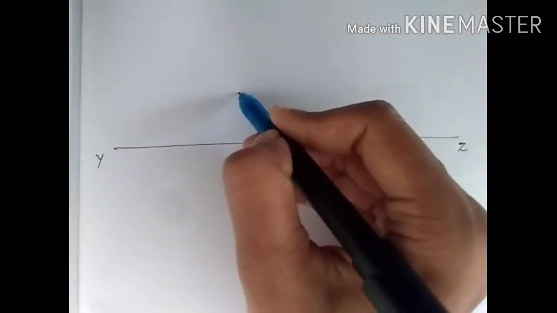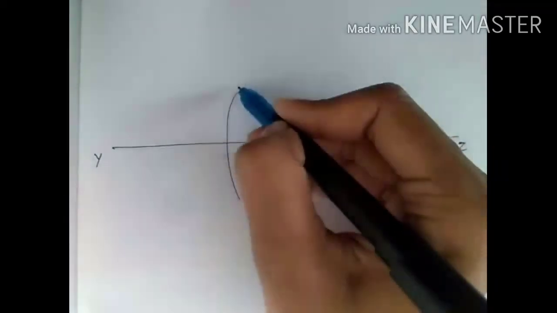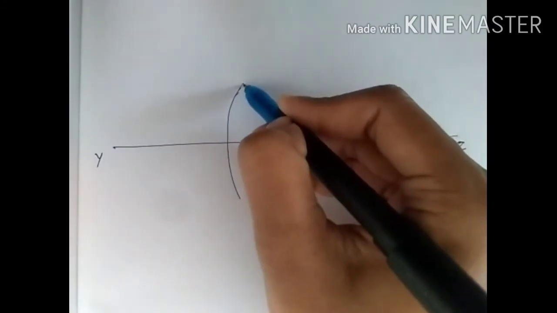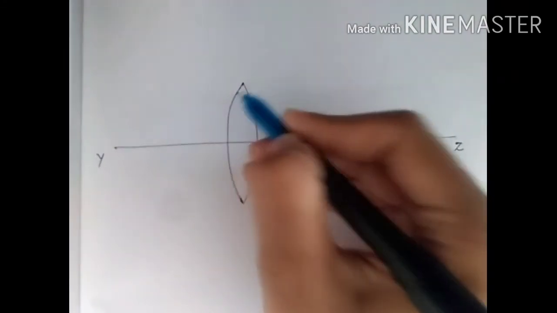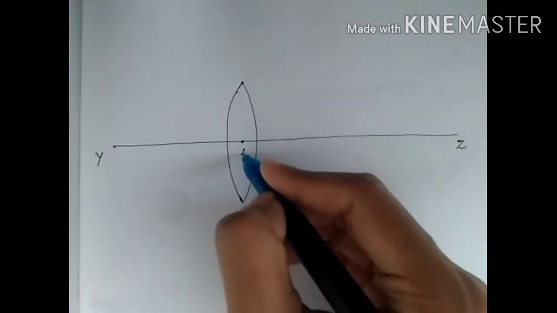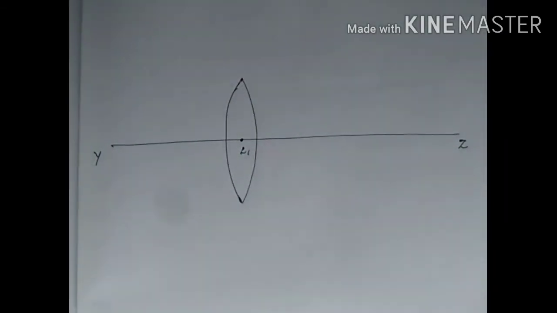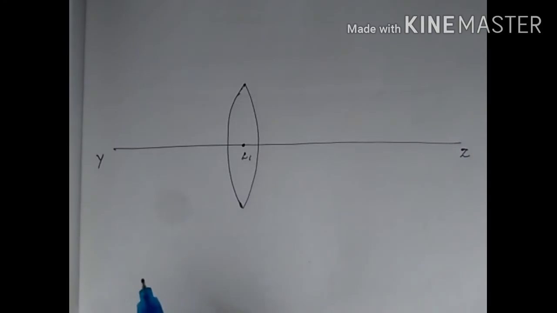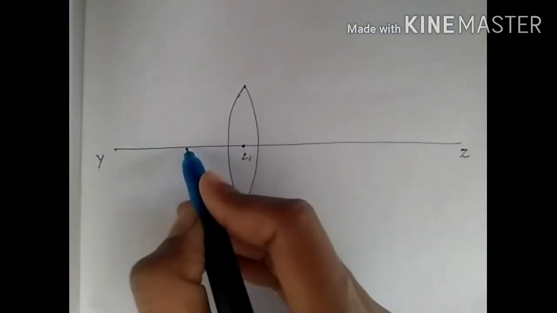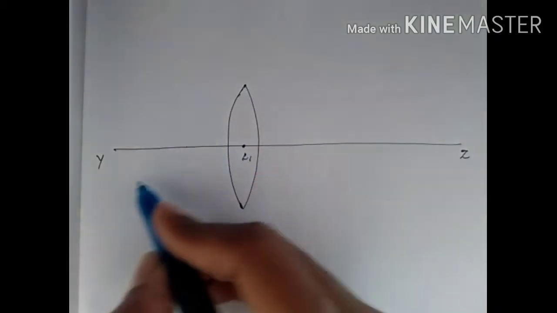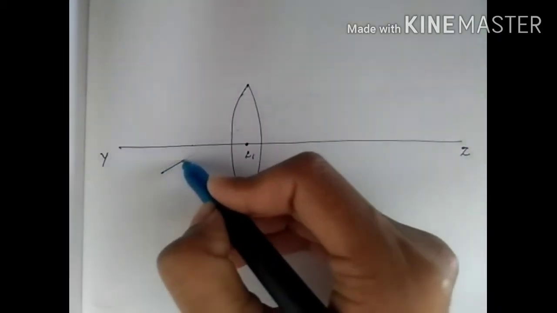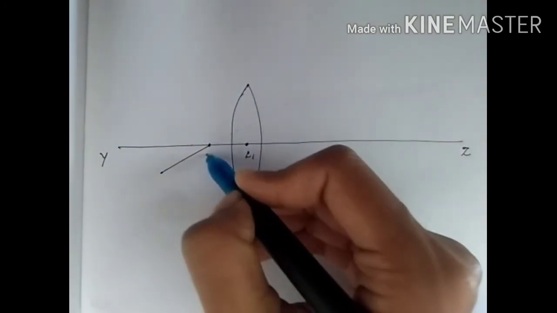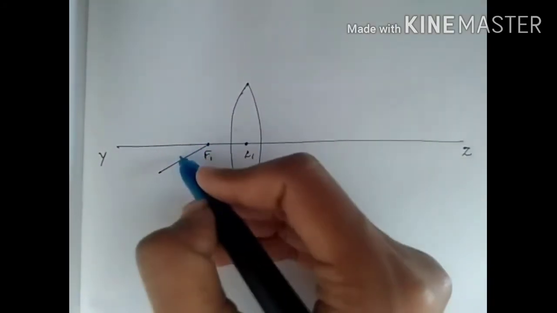Let this be lens L1. On this lens we are making a light ray incident from the first focal point F1.